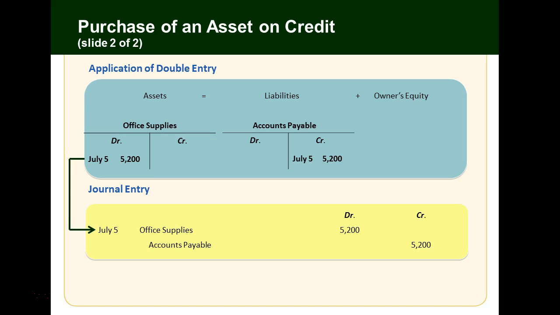Office supplies is an asset. It got increased. The accounts payable is a liability. It got increased. Debits always equal credits. Do you see we have a $5,200 debit and a $5,200 credit? Do you see our assets still equal our liabilities plus our owner's equity?